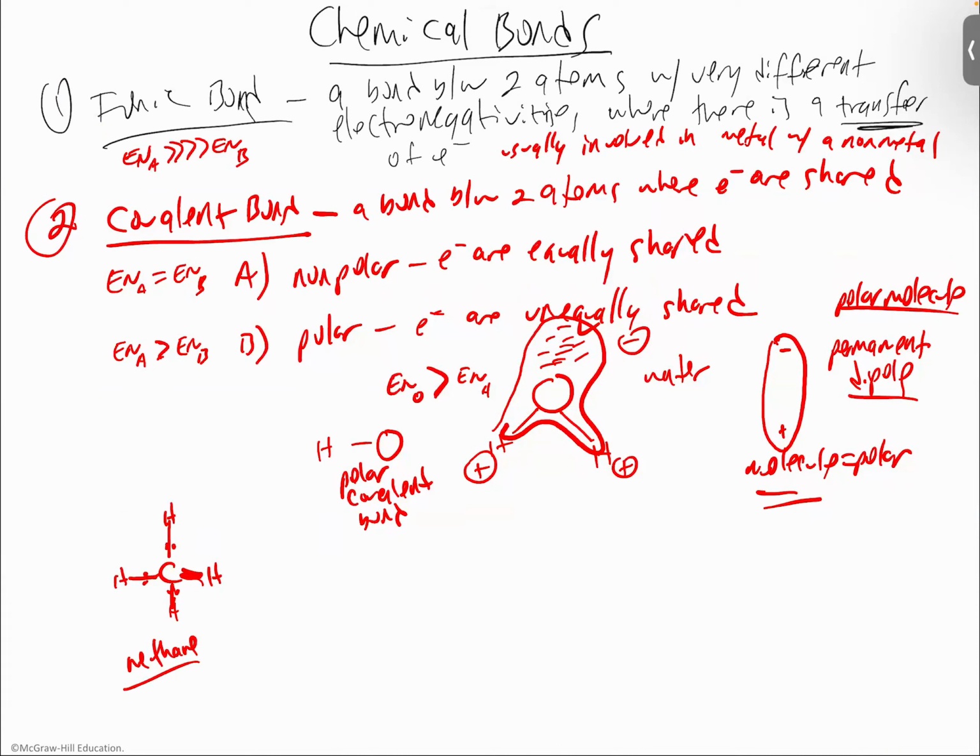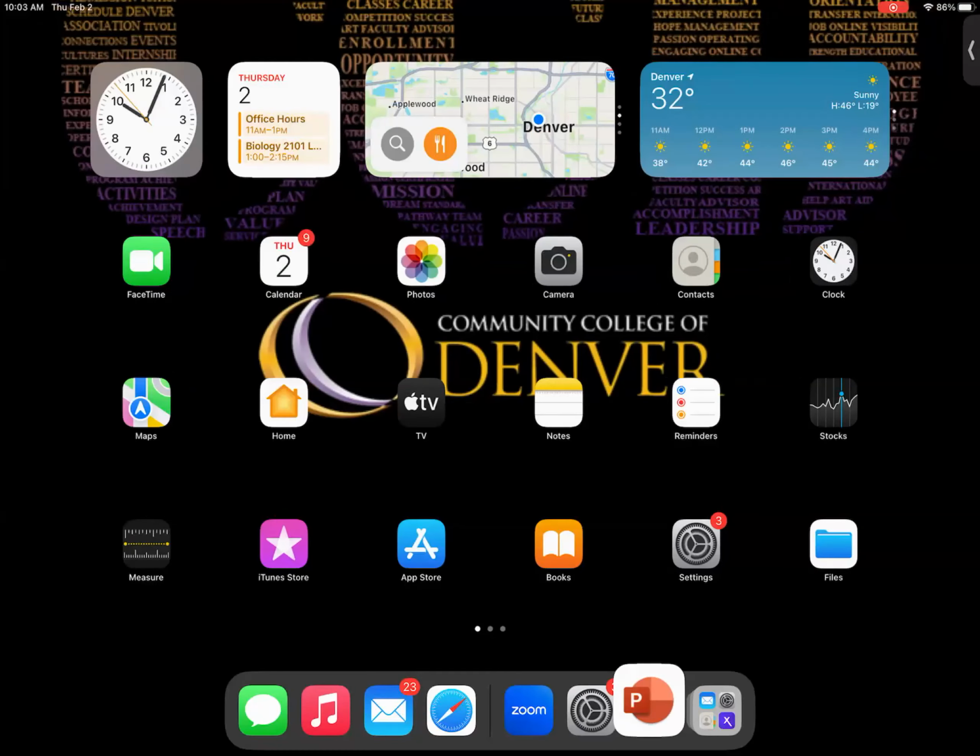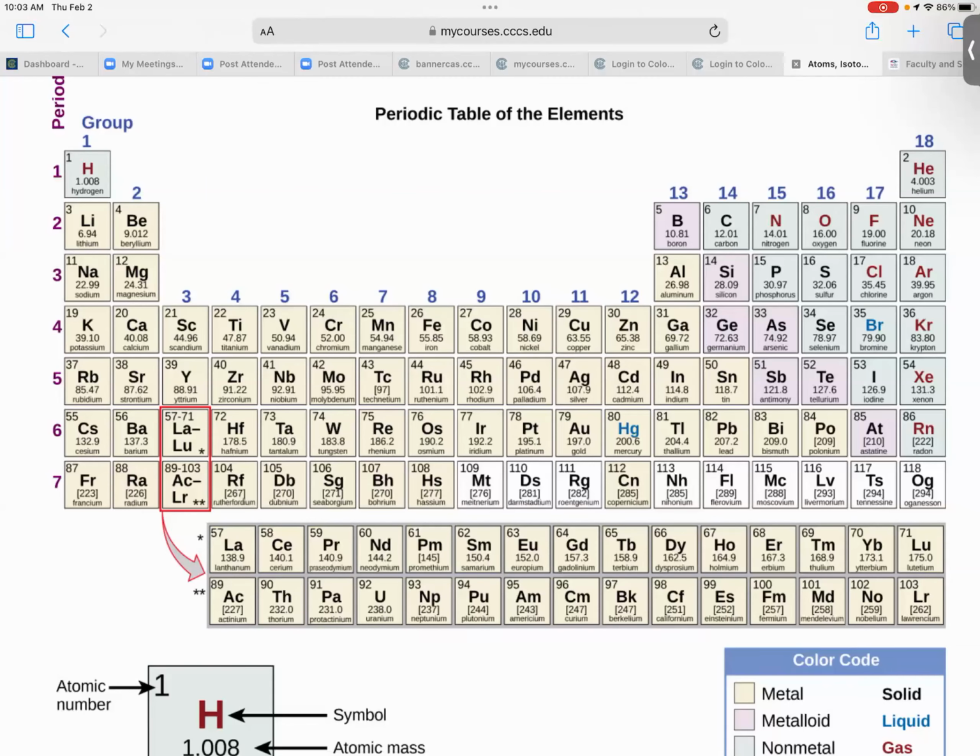Now, here's the thing. Let's take a look at the bond first. Carbon-hydrogen bond. Is this a polar bond? Take a look at it. Where's carbon, and where's hydrogen? Are these electronegativities the same?